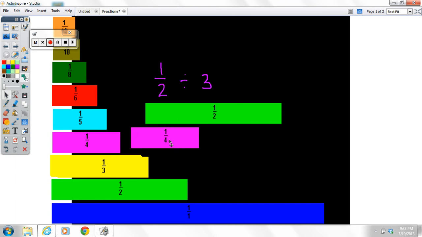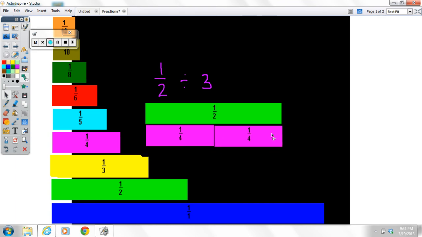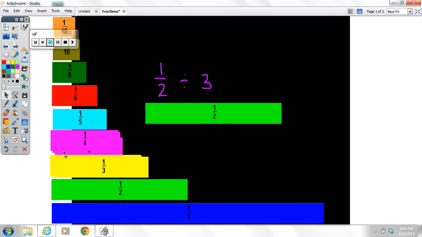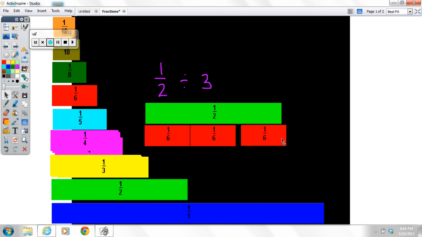How about if I took 3/4 pieces? Would 3/4 and 1/2 be equal? No, I could tell 2/4 is equal, but I need 3 pieces because I'm taking this 1/2 and dividing it by 3. Well, let me just jump to my 6 pieces, because if I take 3 1/6 pieces, I could see that the 3 1/6 pieces is equal to 1/2.